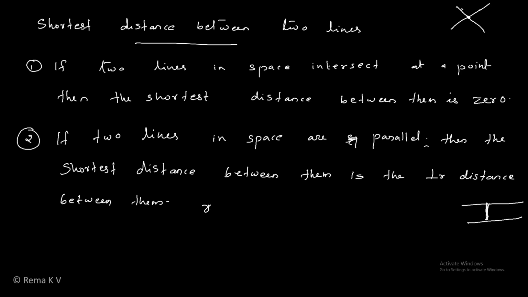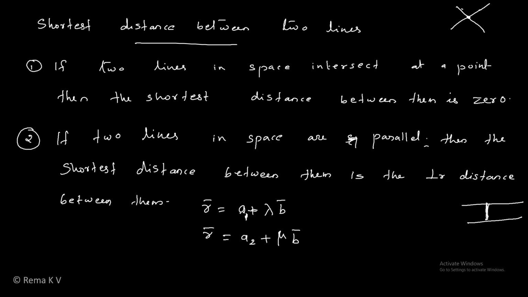See, two lines are given, a1 plus lambda b. This is one line. Another line, let us write this as a2 plus mu vector b. So this is how you can identify parallel lines.